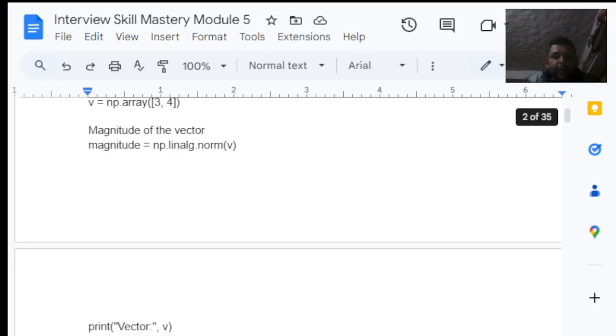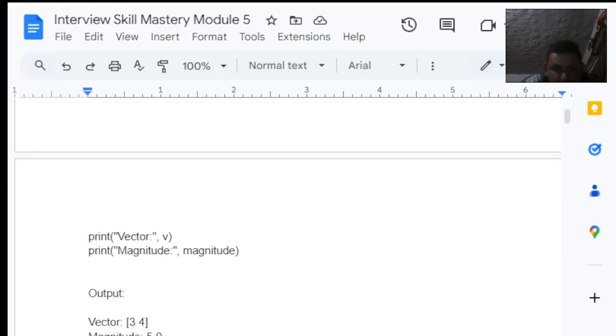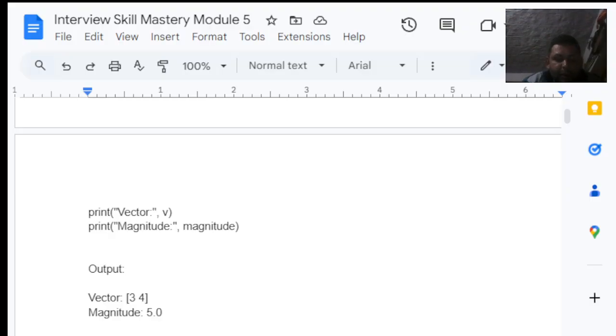So print vector v and print magnitude. So this will be the output of that, vector 3 comma 4 and magnitude equal to 5.0. It is the magnitude of that vector.